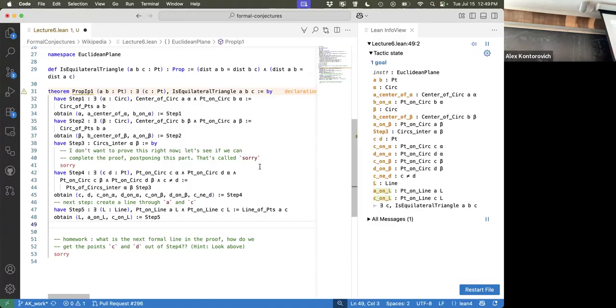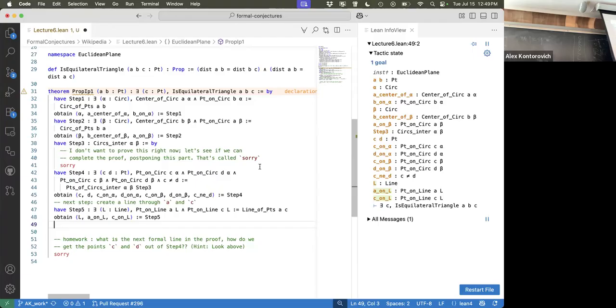So technically, the way we've set up equilateral triangles, we don't need the segments. It's just about the 3 points. We could change the definition of equilateral triangle to talk about segments, but actually we don't have segments at all in our entire theory. Does that make sense?